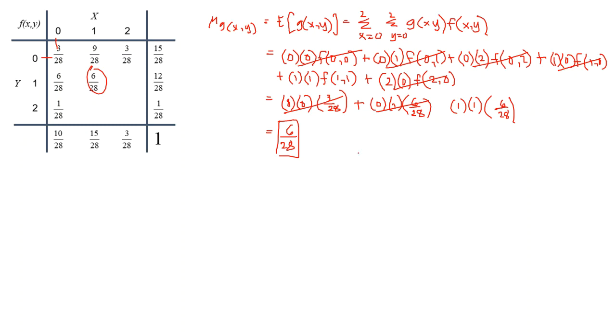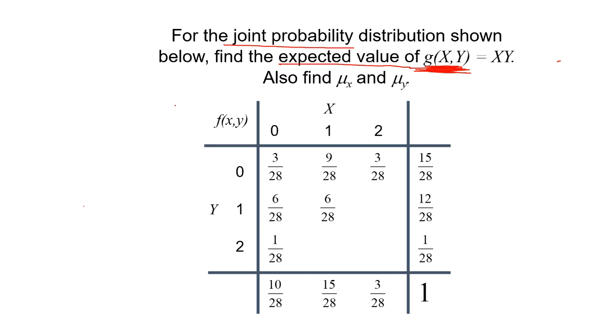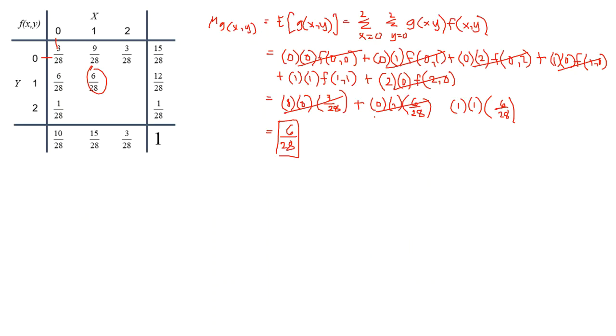Now, from the problem, we also need to find the mean of x and the mean of y. We'll be solving that separately, with the data still under the table shown here. So in order for us to solve for the mean of x, again we will be using the formula.